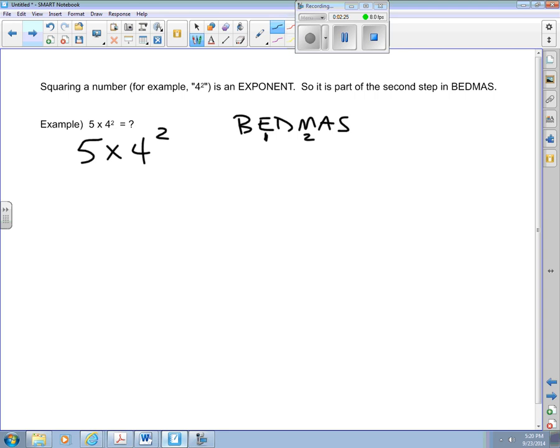So I do not go 5 times 4 is 20 and then square the number 20. That would be wrong. I go 5 times, and I know that 4 squared is 4 times 4, which is 16. And the final answer for that is 5 times 16 is 80. So that's how I would solve that example.